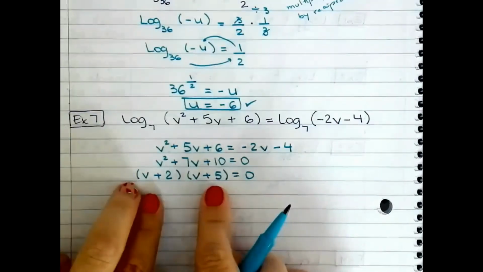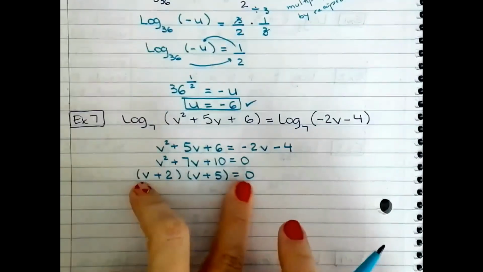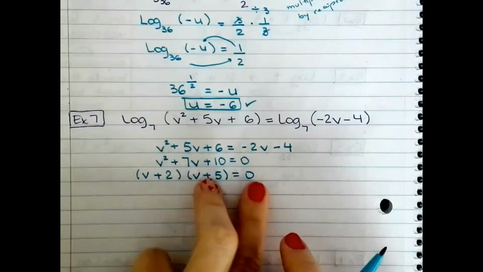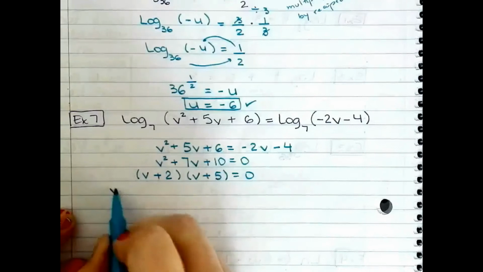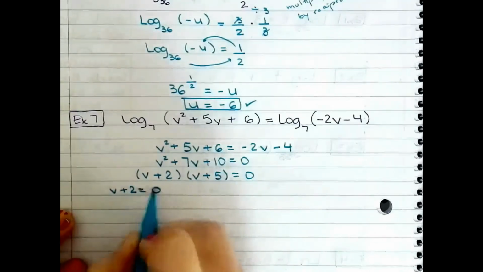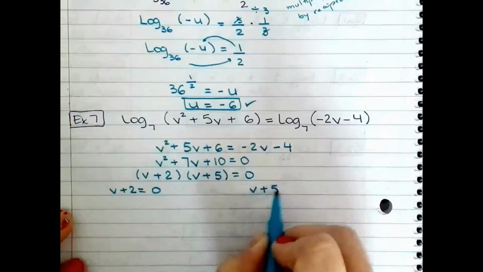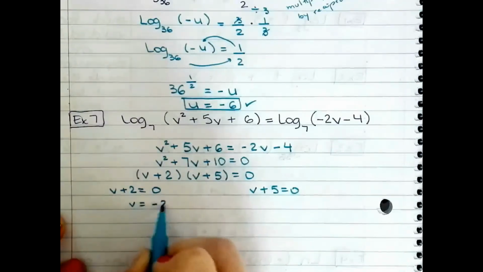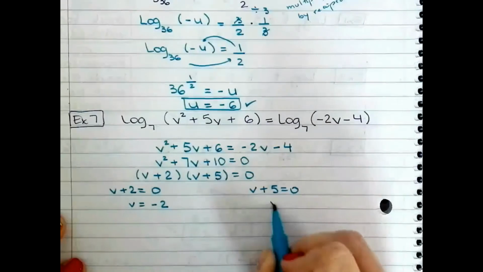Now you set each factor equal to 0. So v plus 2 is a factor. v plus 5 is a factor. Minus 2 on both sides. Minus 5 on both sides.